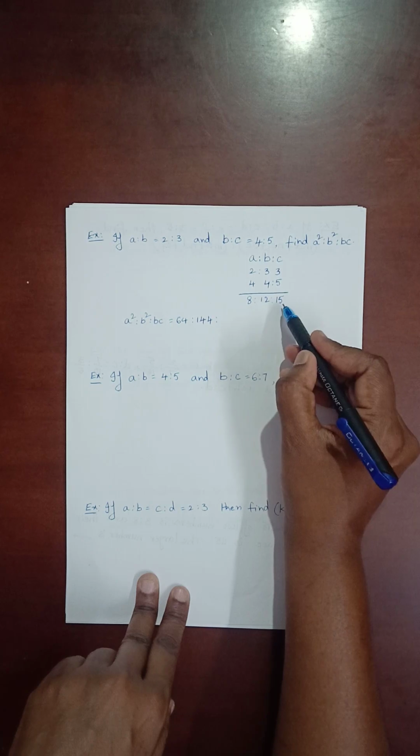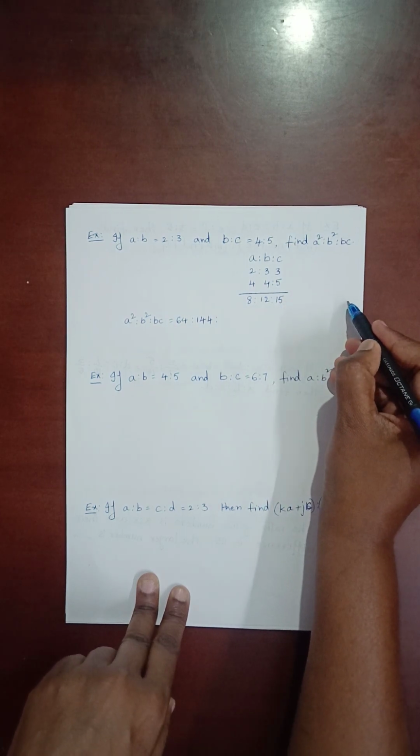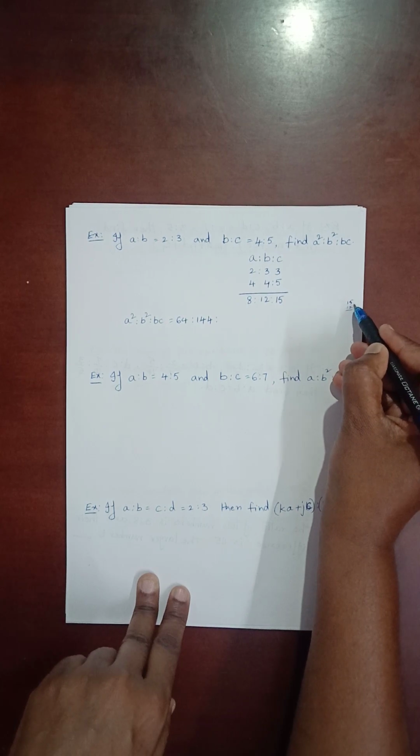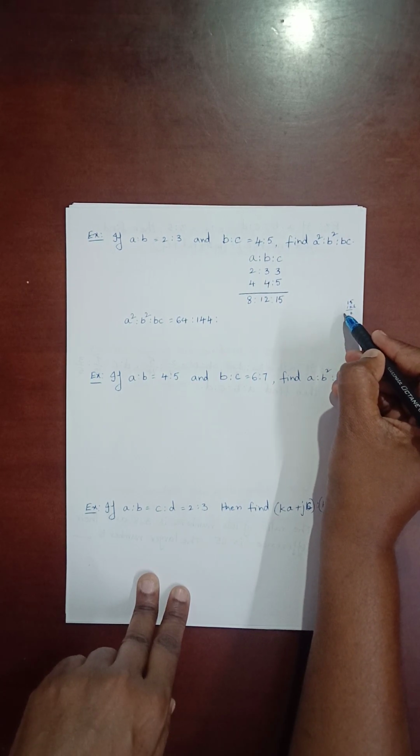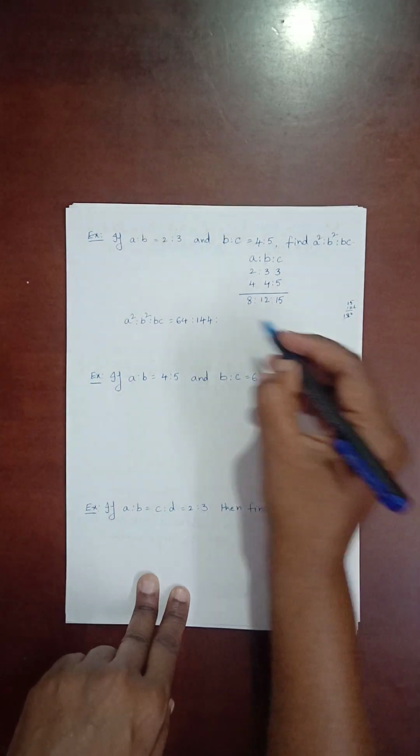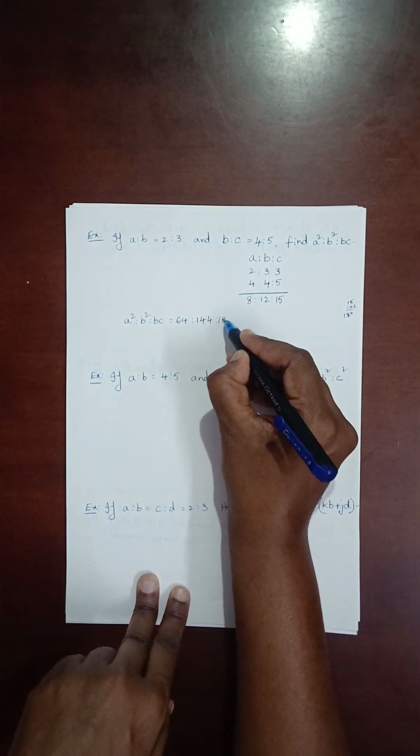B is 12 and C is 15. We see 15 into 12. 12 5s are 60. 12 1s are 12 and 6, 18 means 180.